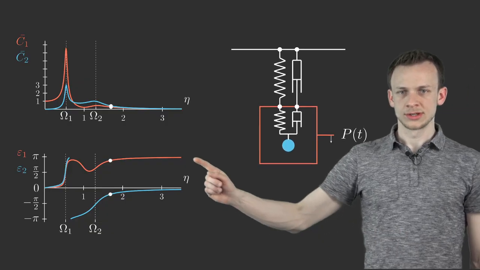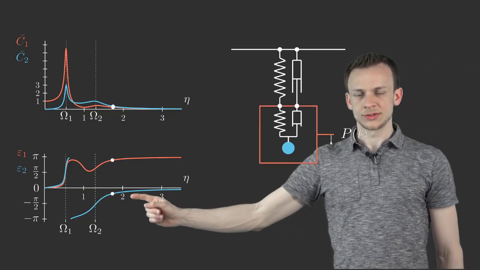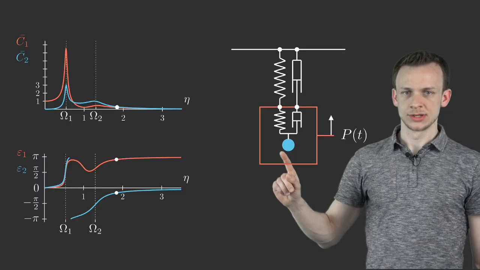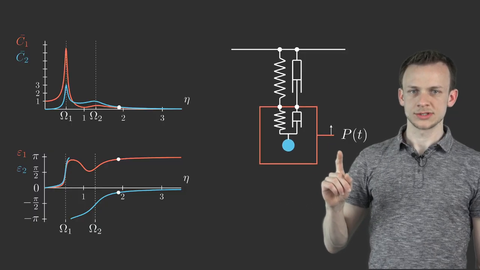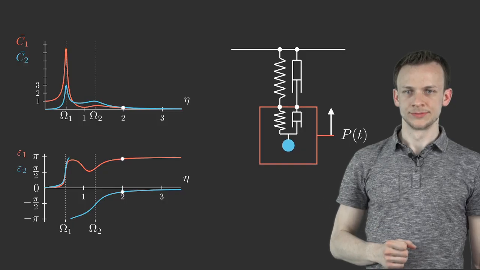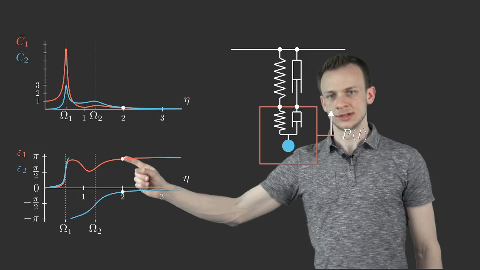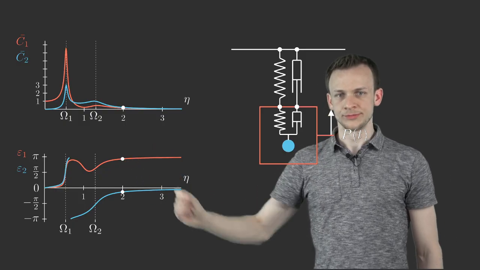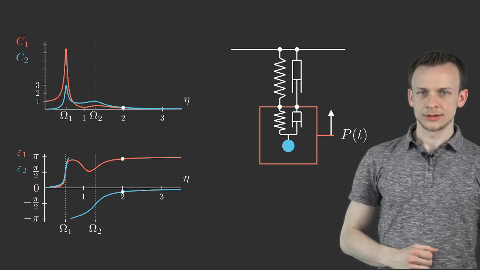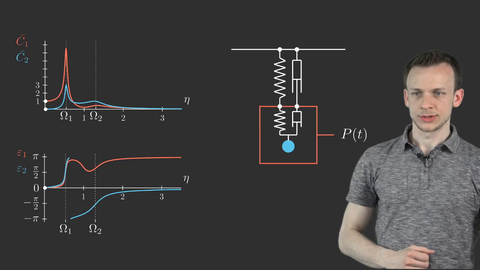And we see that, as before, we have an in-phase movement of the inner body. So the inner body moves in phase with the force, and the outer body moves anti-phase with the force, as you can see with the value pi here. So I start the animation again and step out of the slide so you can have a closer look.